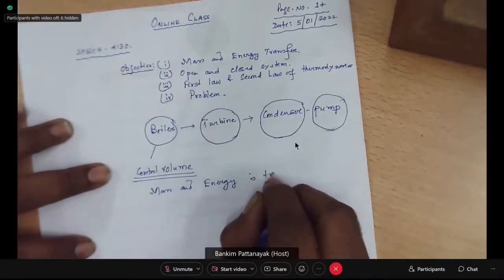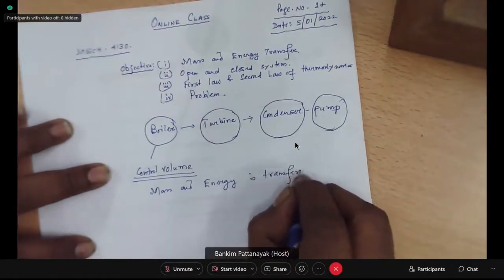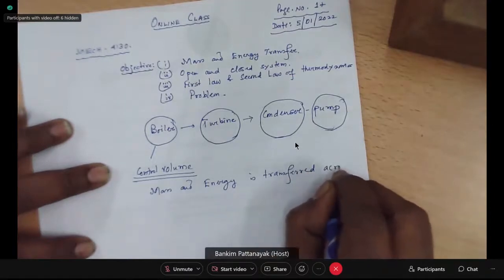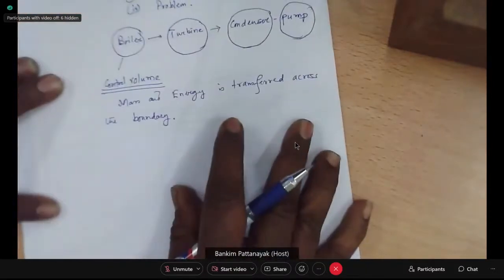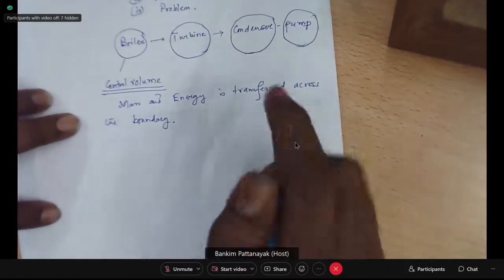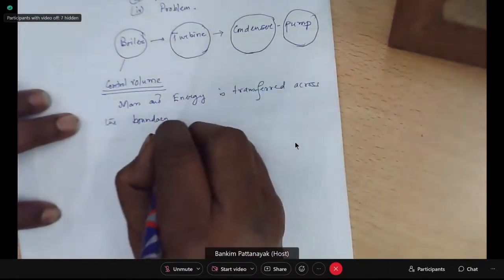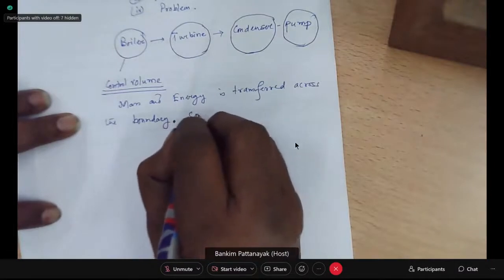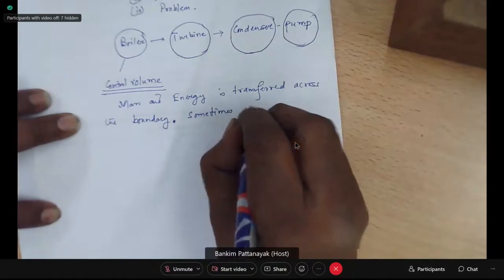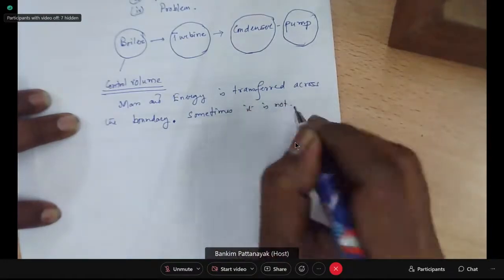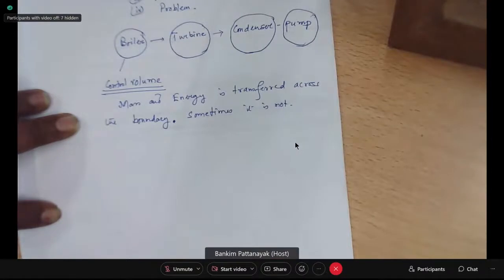Mass and energy is transferred across the boundary, sometimes it is not. For example, let us talk of a thermoflask.